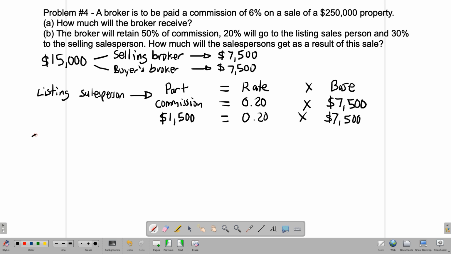Now the selling salesperson. We want to determine what the commission is there, and once again we apply the same equation. Part equals rate times base.